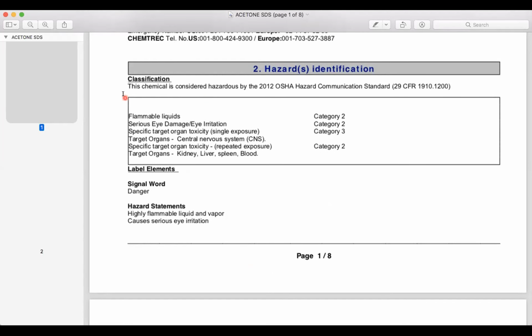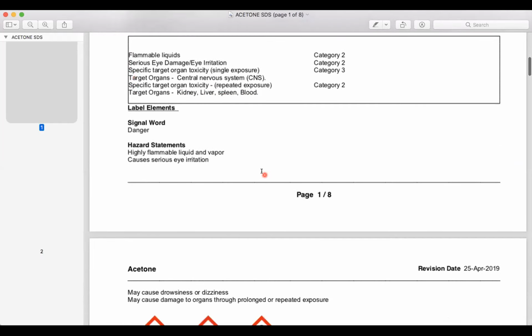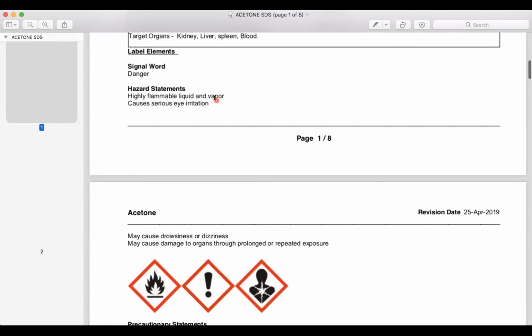Specific hazards that may end up belonging to acetone. As I said previously, flammable, loves damaging eyes, loves to target the nervous system, and kidney, liver, spleen, and blood. Again, this one more from repeated exposures. So again, there's a lot of information present here. And again, a lot more information on their hazards.